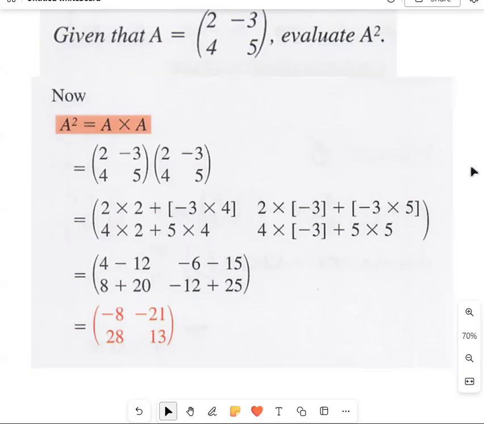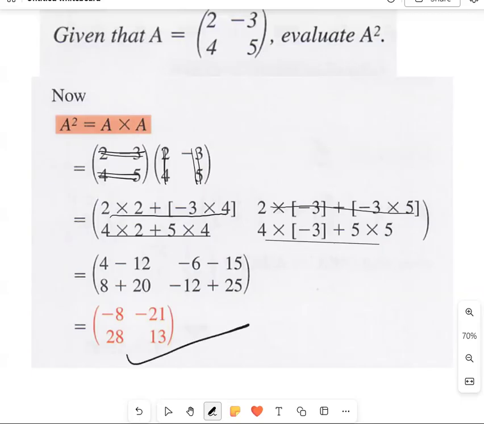As you can see here, this row by this column, that's what it is here. This row by this column, that's what you see here. This row by this column, that's what you see here. When you simplify it all, you will get it.